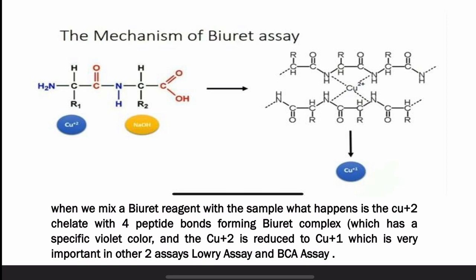في السلايد دي هنشرح التفاعل بشكل انديب اكتر. لما بيحصل mixing between البايوريت reagent والسامبل اللي بيحصل كالآتي، ان الكوبر بيكيليت 4 peptide bonds. هيحصل عندي formation للبايوريت complex which has a specific violet color, and the copper is reduced to cuprous, which is very important in other 2 assays, Lowry assay and BCA assay.